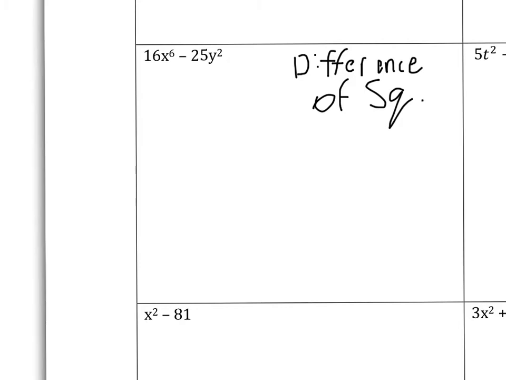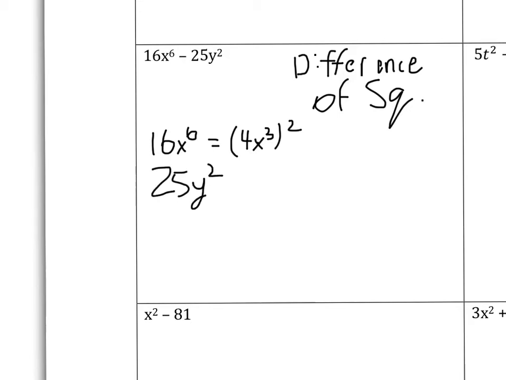All right, we actually see that this is a square minus a square. Really, you say? How could this be? Well, 16x to the power of 6 is a square. It's actually 4x cubed squared. 25y squared is itself a square because that's 5y squared.